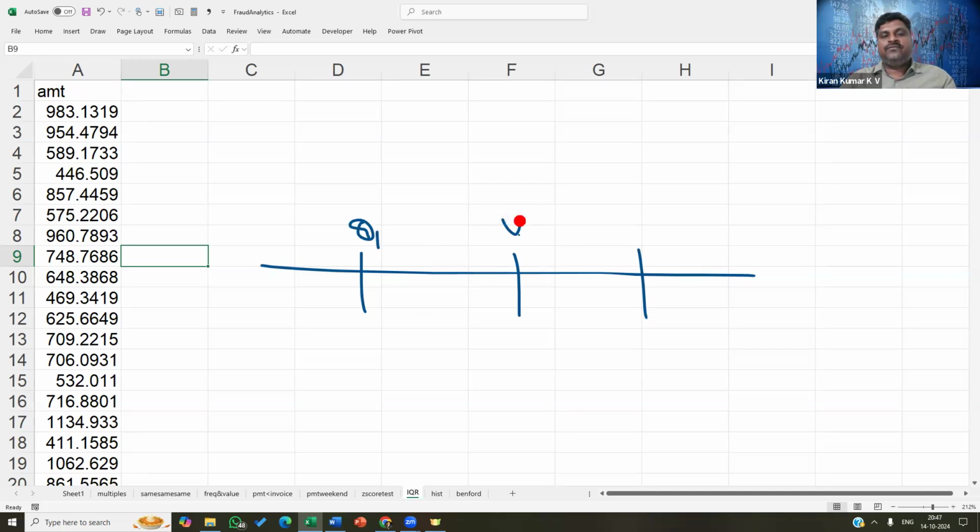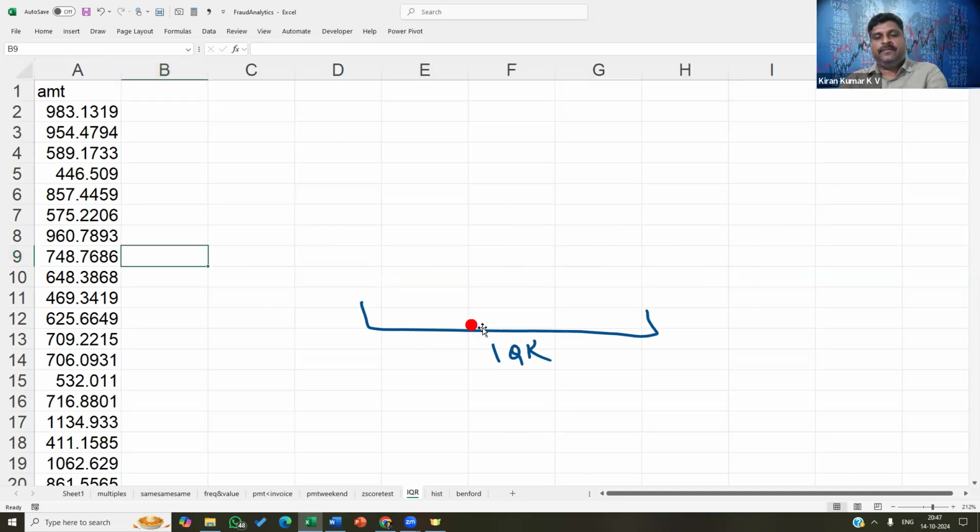This is quartile 2, of course. This is quartile 3. The data that falls between Q1 and Q3 is called the interquartile range. We are going to first calculate that for this data, and then I will tell you how we can use that to detect fraud.